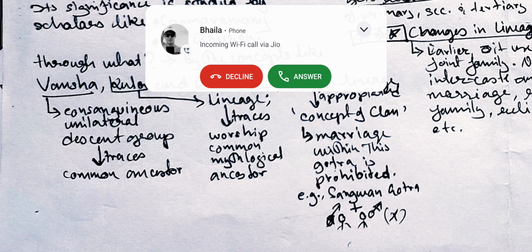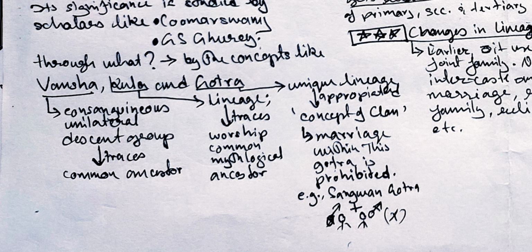Let's say Sangwan Gotra. Sangwan Gotra came from a man named Sangu, and it is believed that all the descendants of the Sangwans are from Sangu. So the obligation within the gotra is that Sangwan Gotra members cannot marry each other in the same gotra. So this is what vansh, kul, and gotra are.